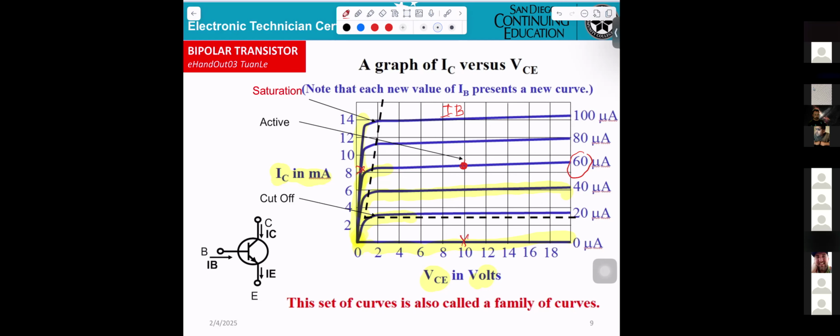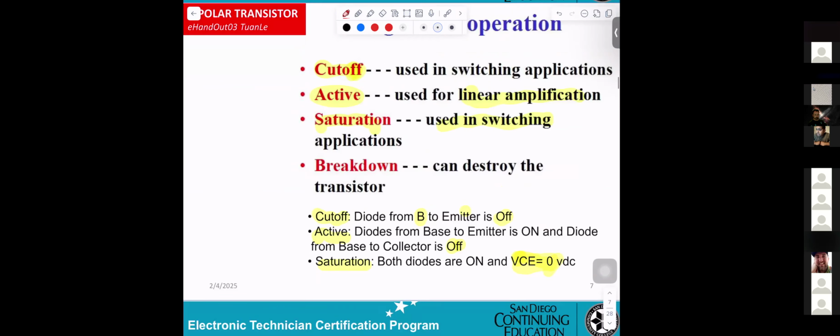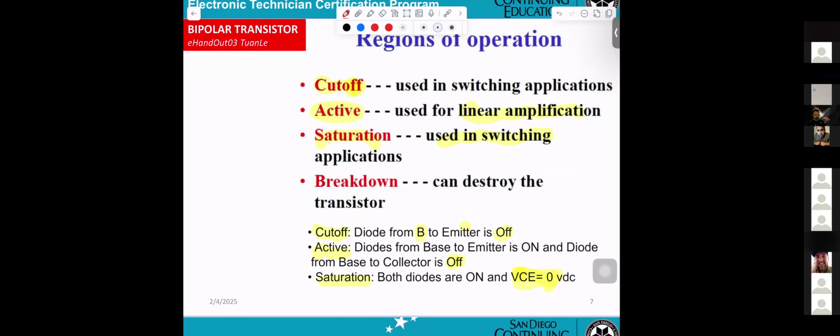They have to be active. That we already talked about here. If you want to design a transistor amplifier, it has to be in active. It cannot be in cutoff. It cannot be in saturation.